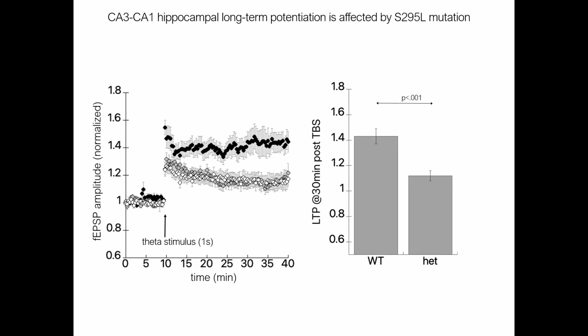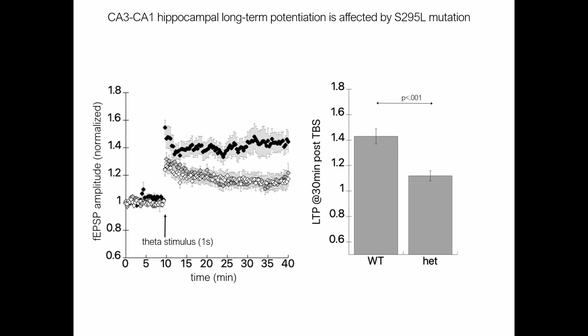And then I mentioned synaptic plasticity, and this is an assay known as long-term potentiation, which is a commonly used method to assay long-term plasticity. It's sort of a substitute for learning and memory. And what is done is we measure the amplitude of a response in the hippocampus to exciting presynaptic neurons and then recording the postsynaptic response.